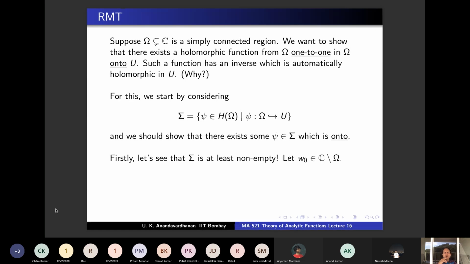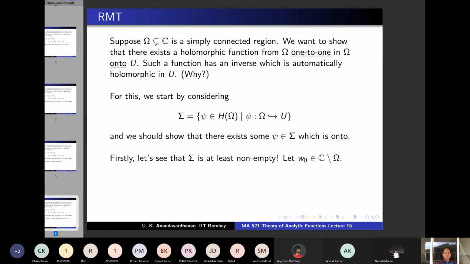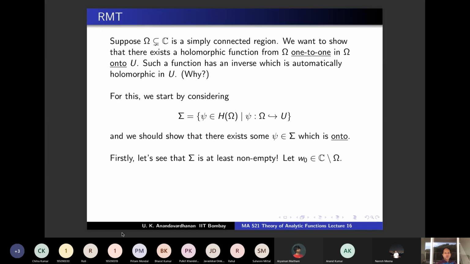So pick a W0 outside omega. Why is it possible? Because omega is not the whole of C. Correct. Because omega is not the whole of C, you can pick such a W0. So pick one and consider the function f(z) = z minus W0.